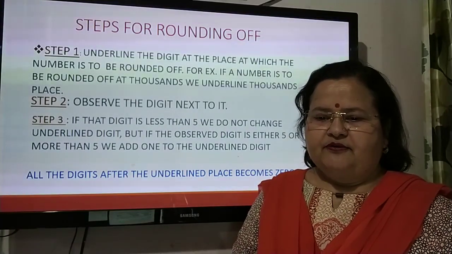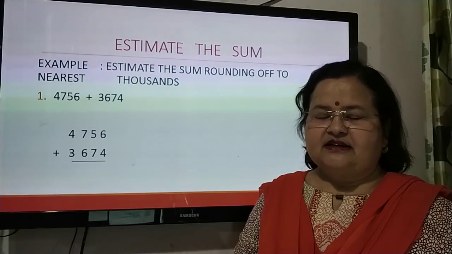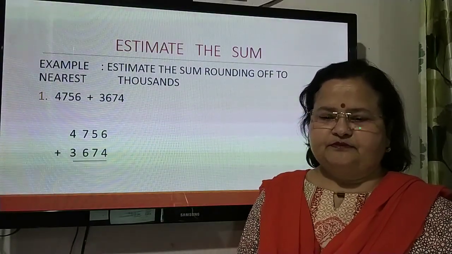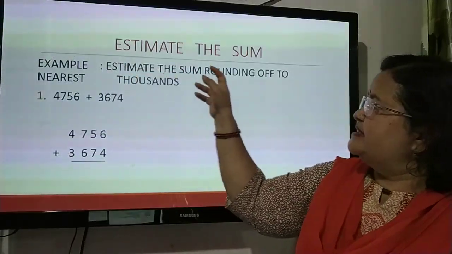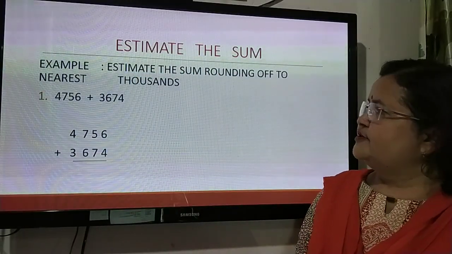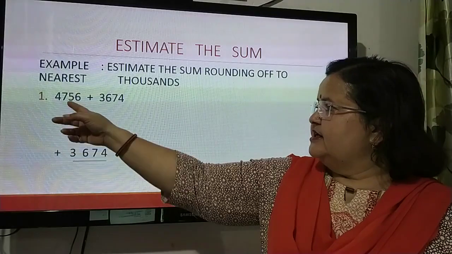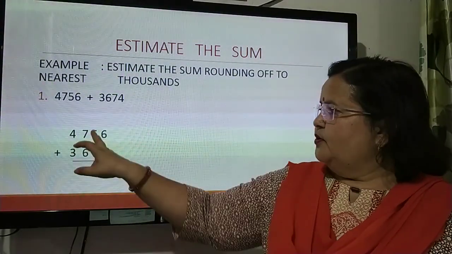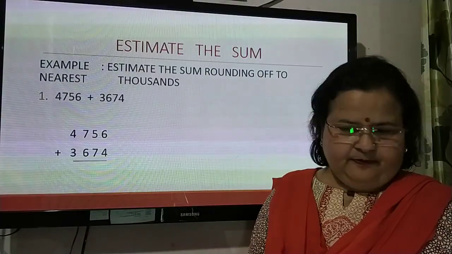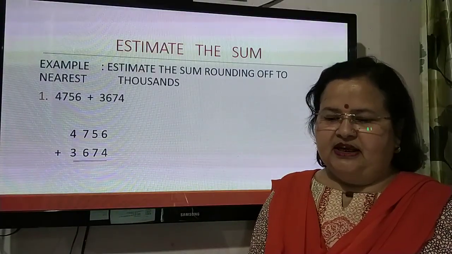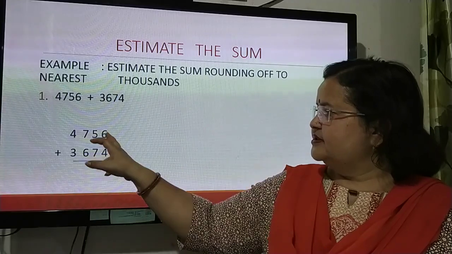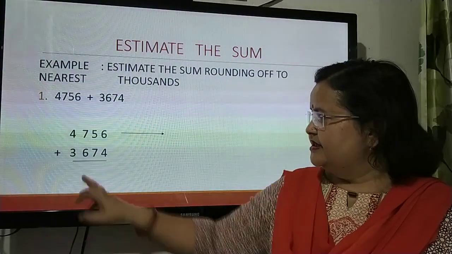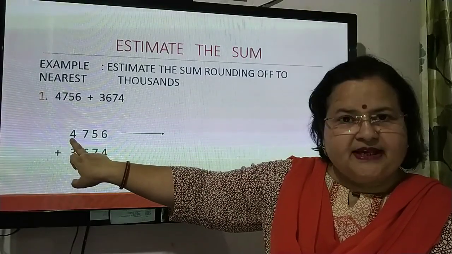Now, we will have these examples of estimating the sum. The example says estimate the sum by rounding off to the nearest 1000. These are the two numbers which are to be estimated. So we'll write these numbers one below the other. Then we'll move on with the first number and round off 4756 at thousands place.